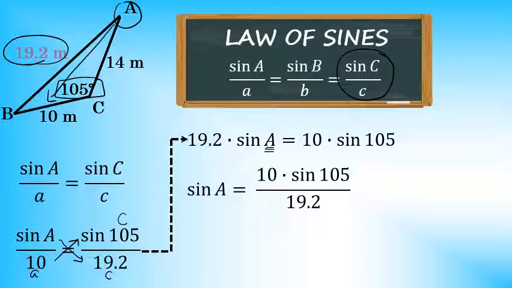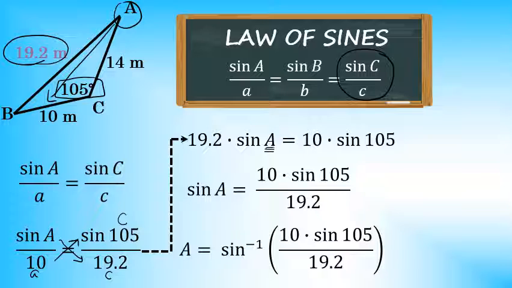And if the sine of angle A is equal to 10 times the sine of 105 over 19.2, then the measure of angle A is equal to the inverse sine of 10 times sine 105 over 19.2, which is, to the nearest tenth, 30.2 degrees. This is the measure of angle A in this triangle.